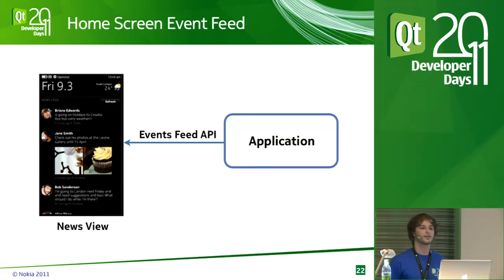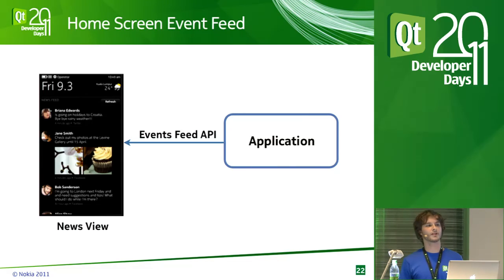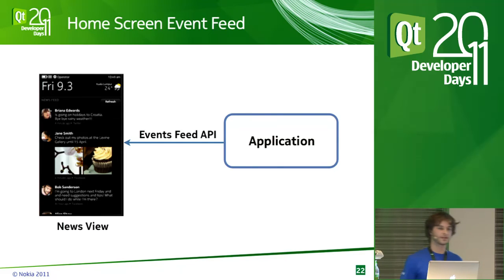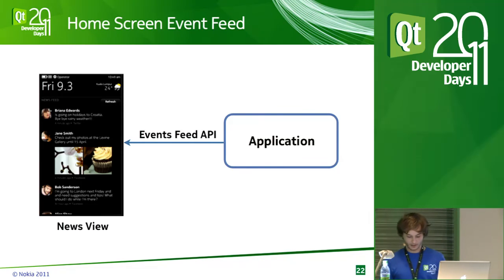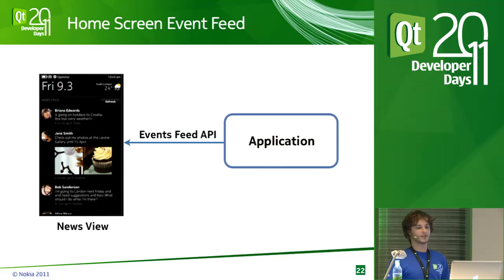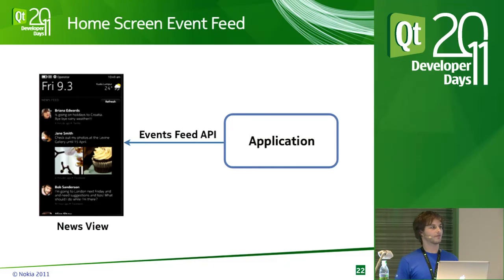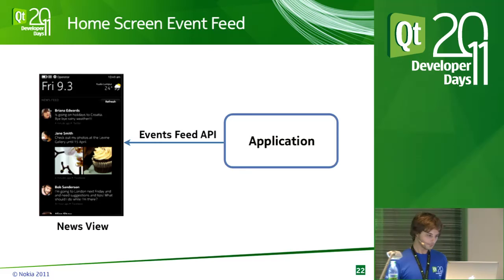By default, it only allows you to see your Facebook feed and Twitter feed, but your application can send data to that home screen. The API is called the Events Feed API. It's very simple. It's basically a dbus wrapper, and it consists of only one function.